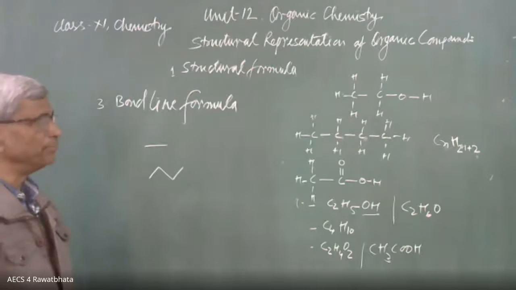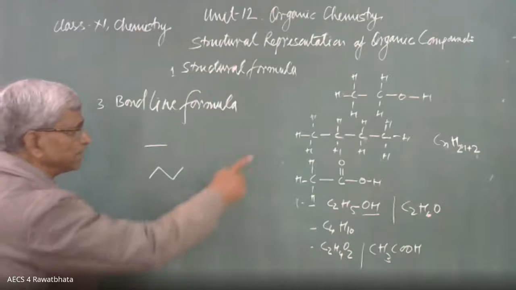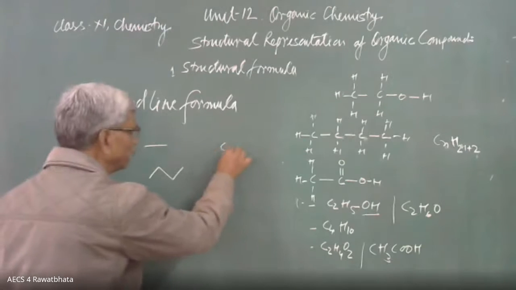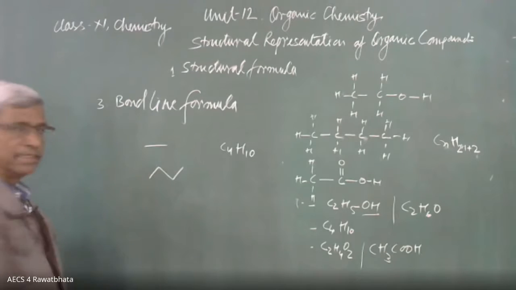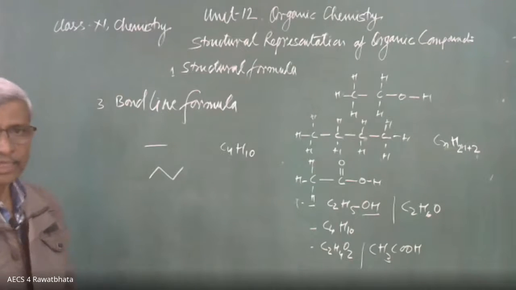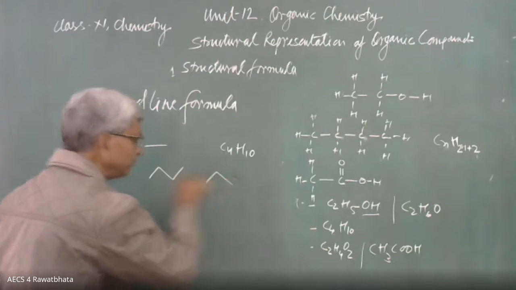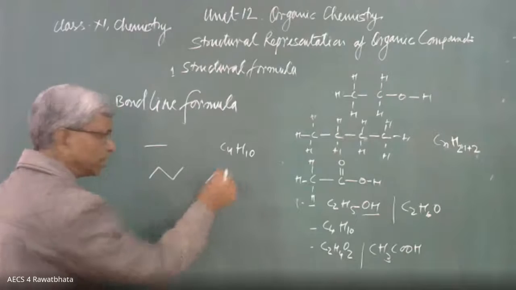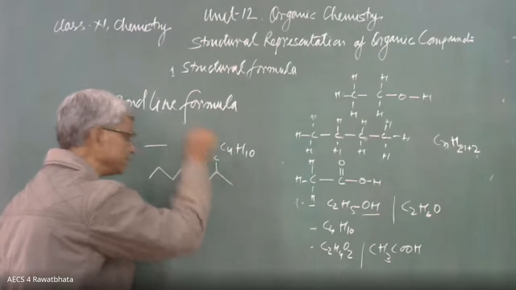Second compound, butane. Okay, beta? This butane, if it is written as C4H10, this is one possibility, one formula. Another bond line formula is like this. See that, 1, 2, 3 carbon atoms, and the fourth carbon atom is here.